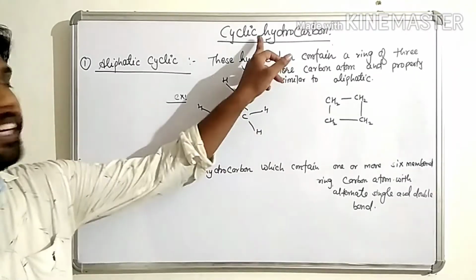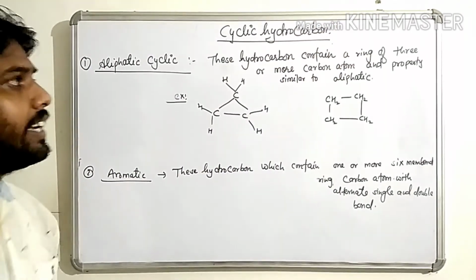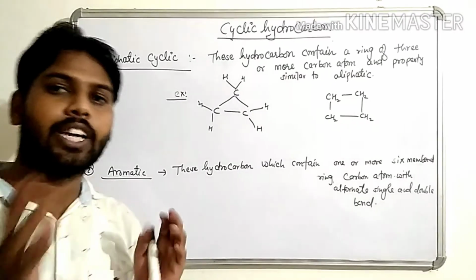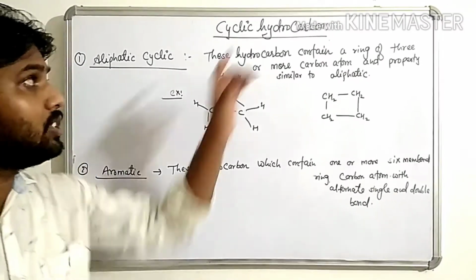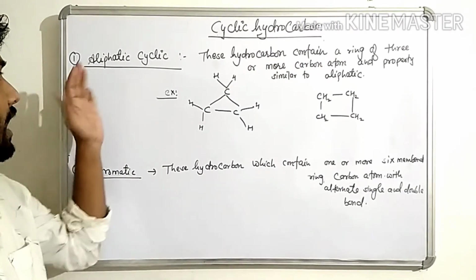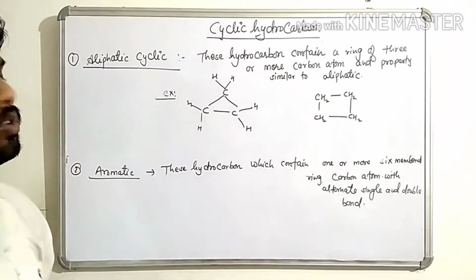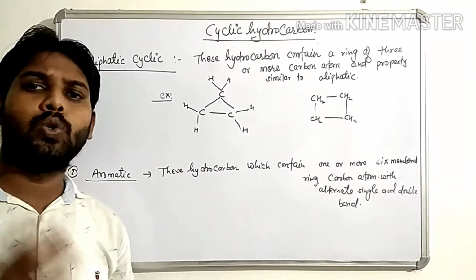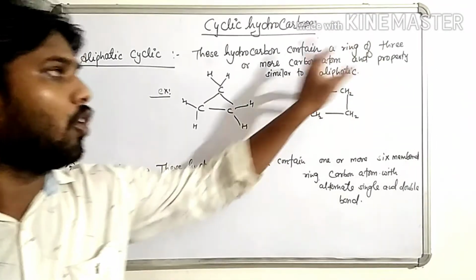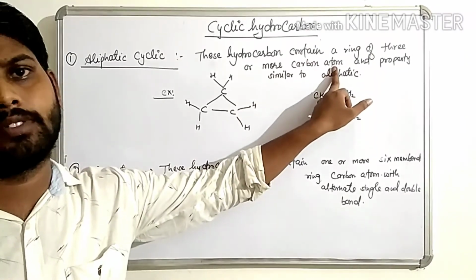Now cyclic hydrocarbon. Cyclic means when carbon compounds form a ring type of structure, that is known as cyclic hydrocarbon. The first is aliphatic cyclic. See children, those hydrocarbons in which there is a ring of 3 or more carbon atoms.